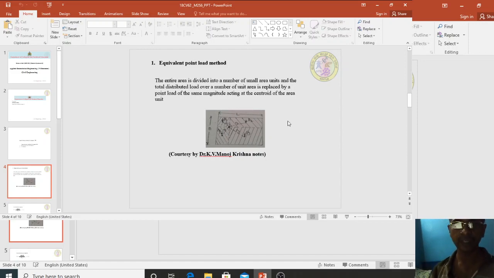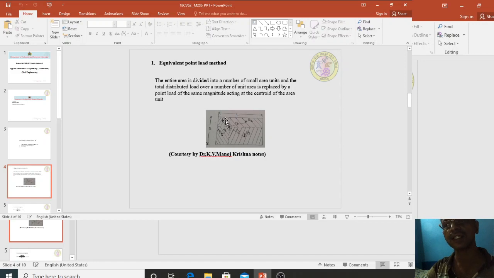The total distributed load over a number of unit areas is replaced by a point load of the same magnitude acting at the centroid of the area. So the entire stress we are calculating is at the centroid of an area.